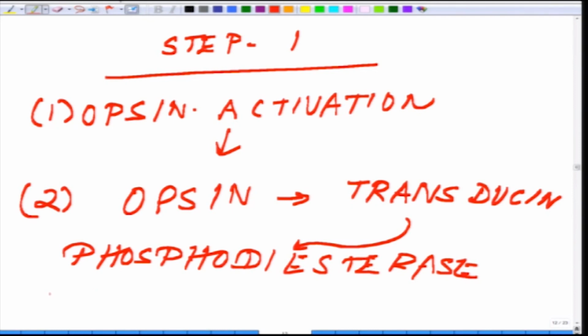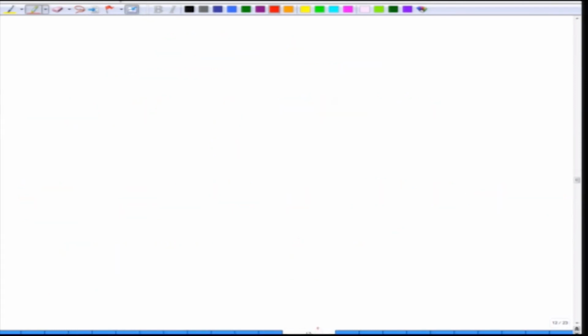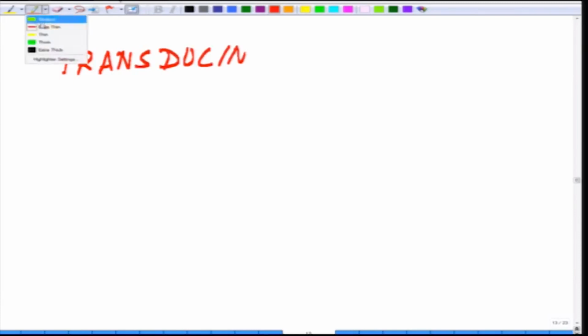What it does is, now just before that, let me talk a little bit about the transducin. What is it exactly? Just give me 1 minute. Okay. Transducin is basically a G protein. Okay. It is a series of proteins.